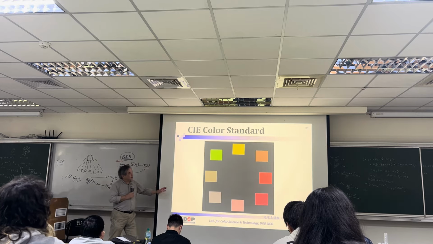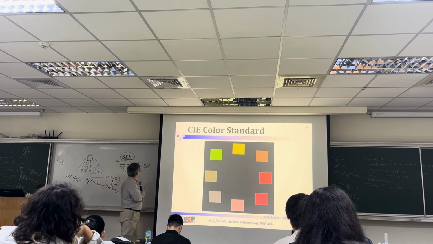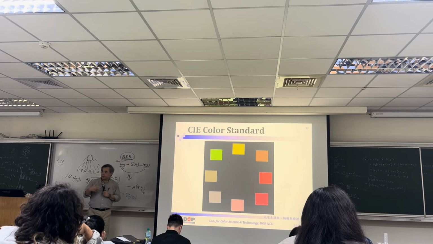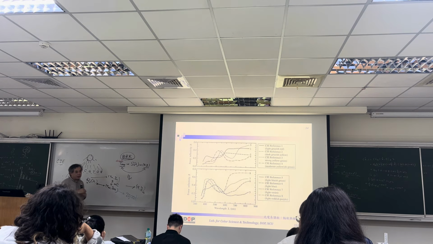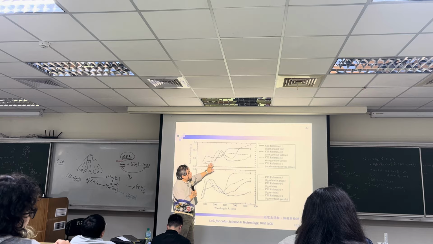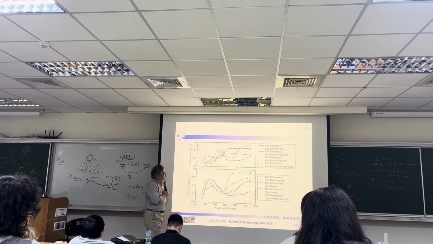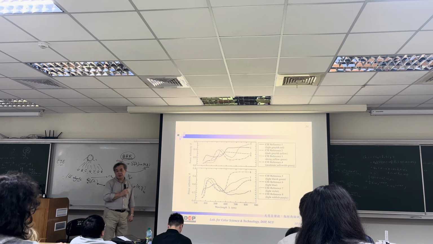So in the beginning, they define this 8, and right now we extend to 14, 15 different kinds of color sample. So right now we only record their spectral reflectivity. Okay, spectral reflectivity.